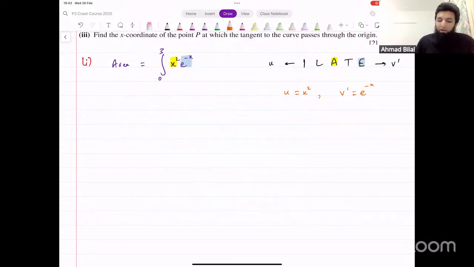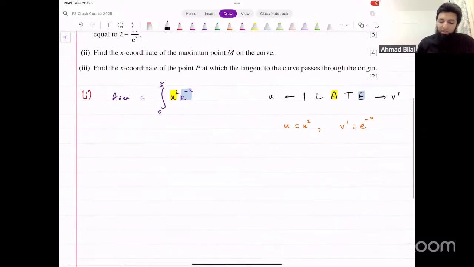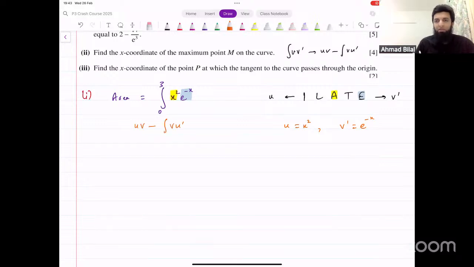Okay. Now, what's the integration by parts formula? Integration of uv dash is uv minus integration of vu dash, right? So when we apply the formula, it's going to look like this: uv minus integration of vu dash. Let's input values in this. For that, we need u dash. u is equal to x squared.